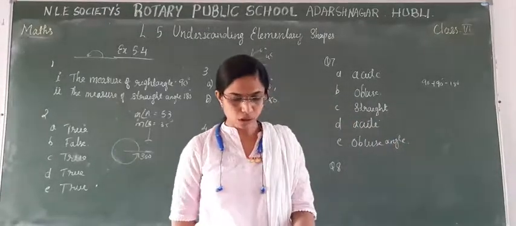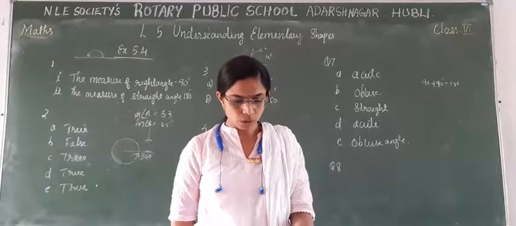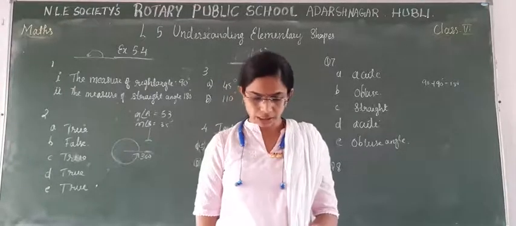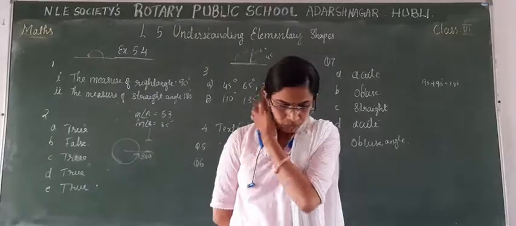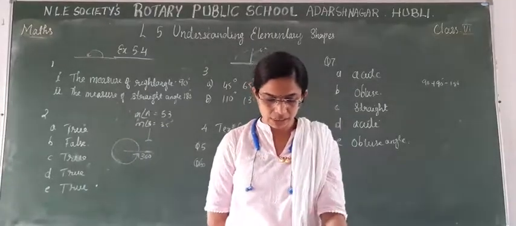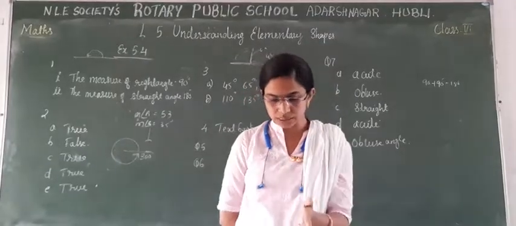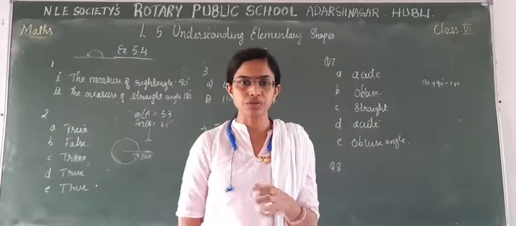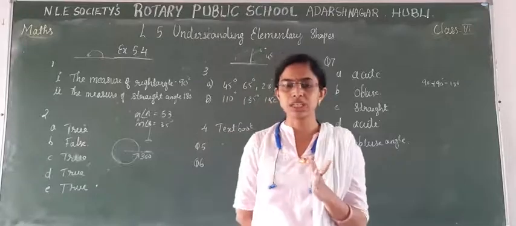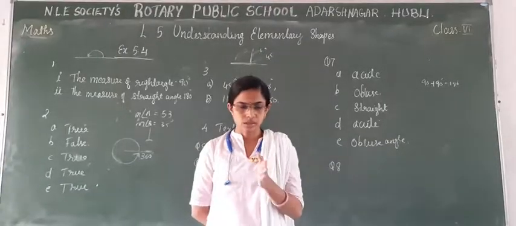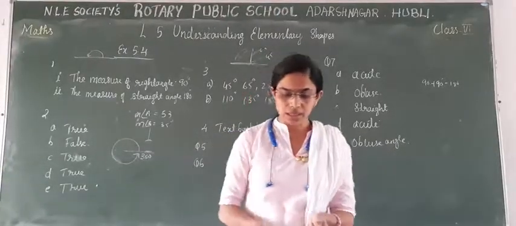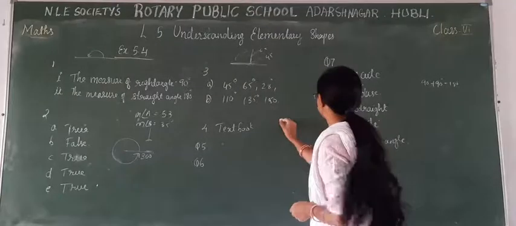Find the measure of the angles shown in each figure. First, estimate with your eyes, then find the actual measure with a protractor. Just when you see this figure, first angle, just see with the eyes. So it is exactly like this.